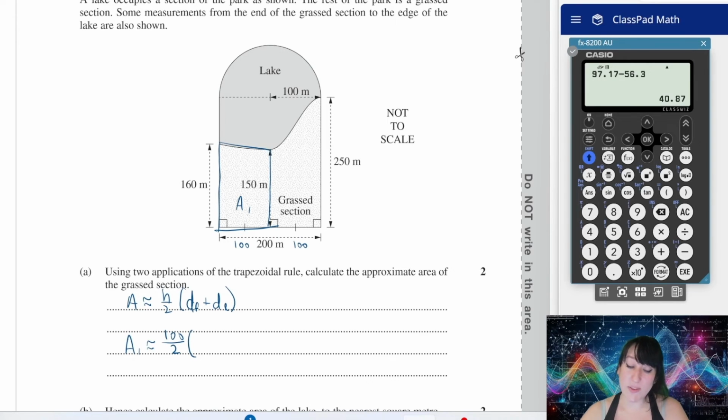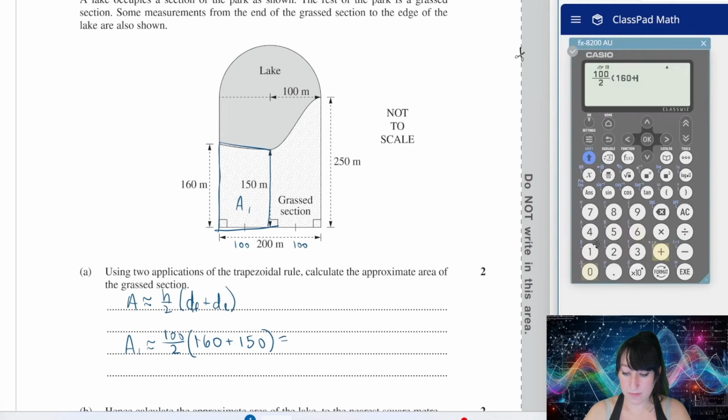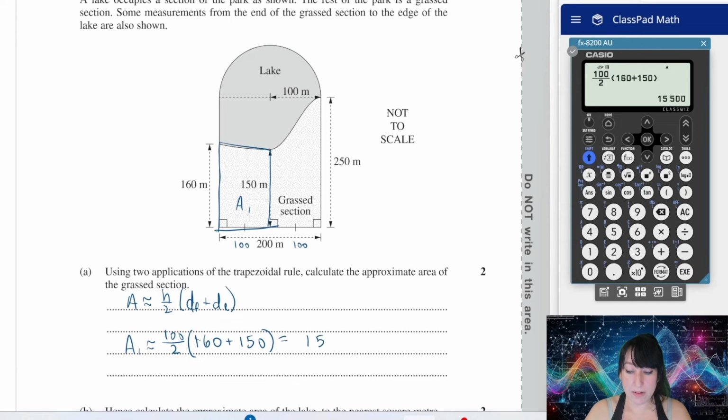The parallel sides for this one are 160 and 150. So that area is about 15,500 square meters.